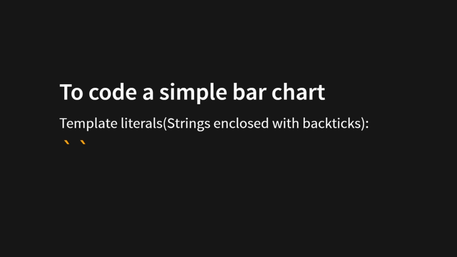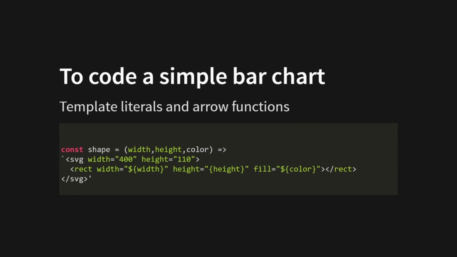In ES6, there is a feature called template literals, which is basically strings enclosed with backticks rather than single or double quotes. What this allows you to do is inject variables into it. This is handy to construct HTML template snippets, and if you combine it with arrow functions, you can have an arrow function return a template literal that has some data injected into it.